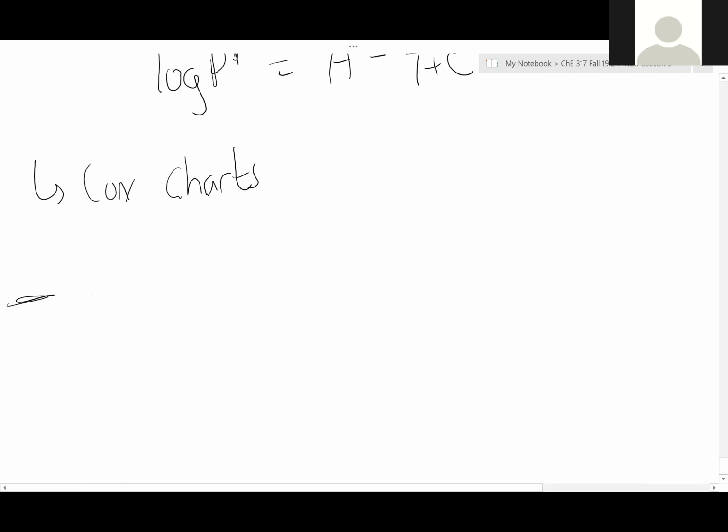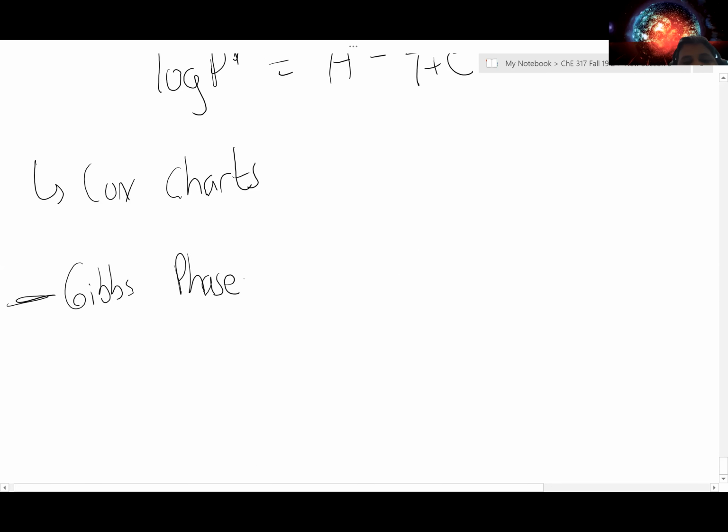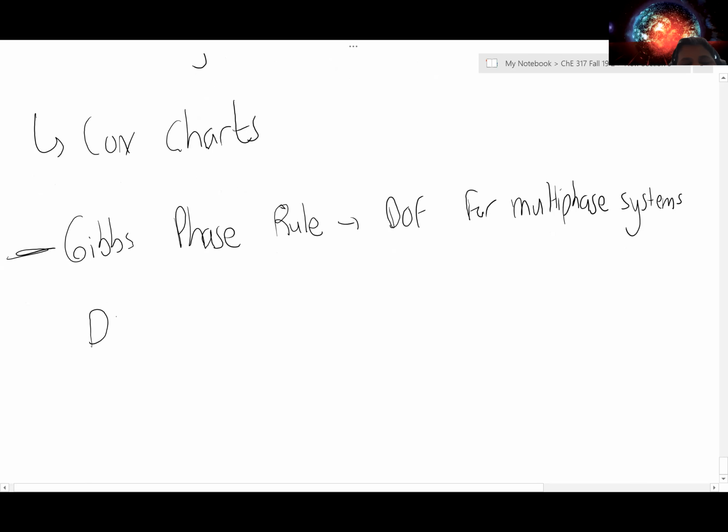The next thing we considered was Gibbs phase rule for determining the degrees of freedom for multi-phase systems. The phase rule states that degrees of freedom is equal to 2 plus the number of components minus the number of phases.